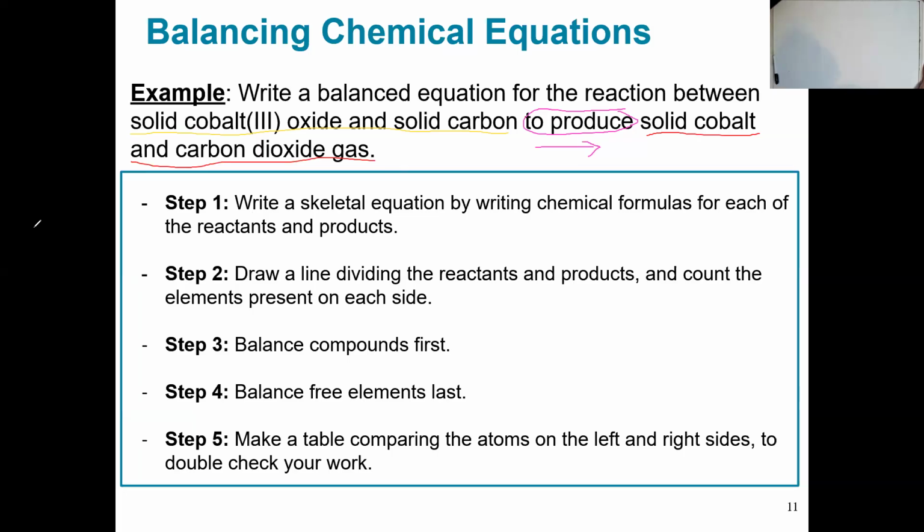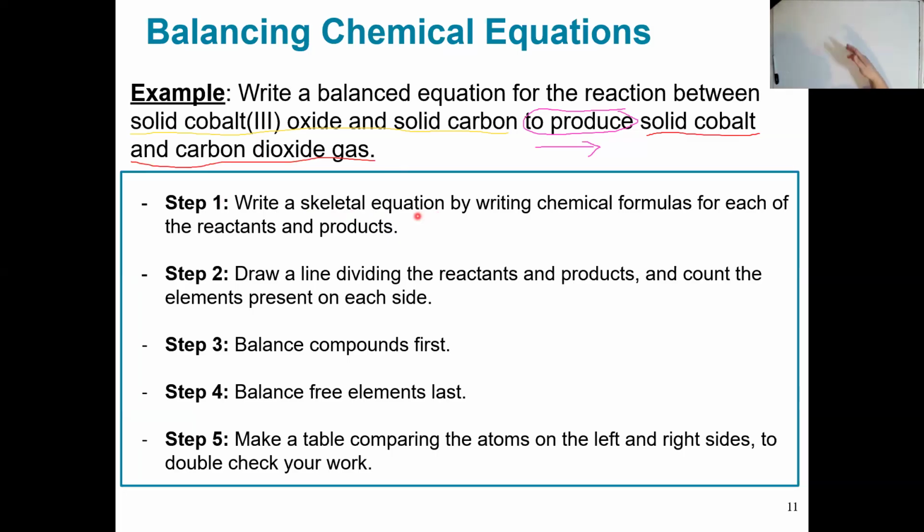Okay. And this is important because the first step that you're going to take when you write out a chemical equation is you're going to write what we'll call a skeletal reaction, meaning that it won't necessarily be balanced, but you're going to write down the chemical formulas of all of the components of your reaction.